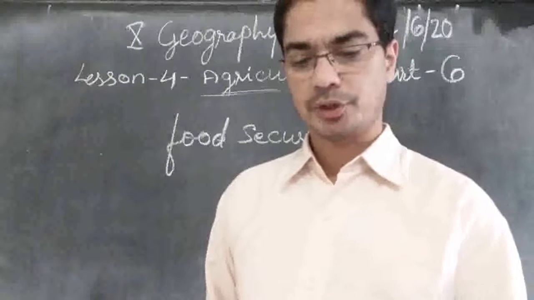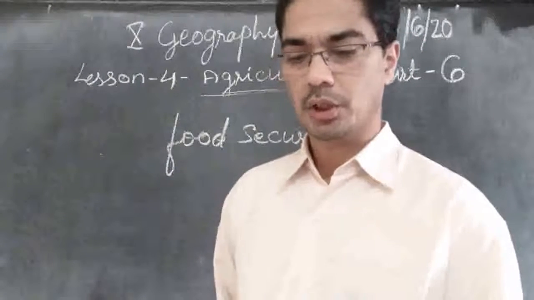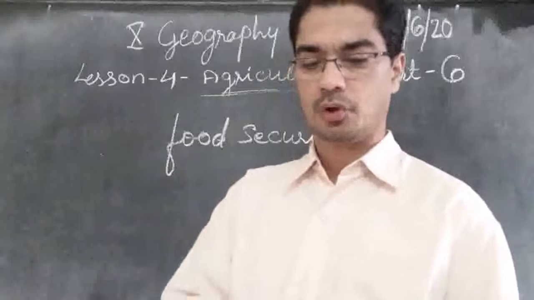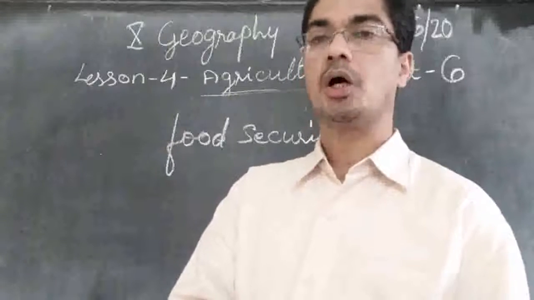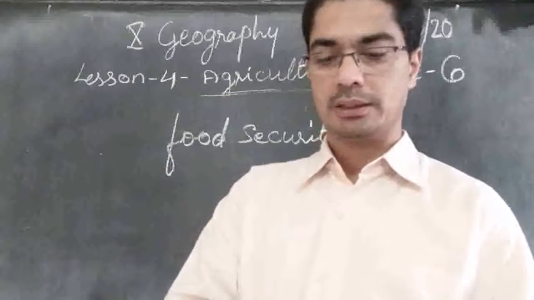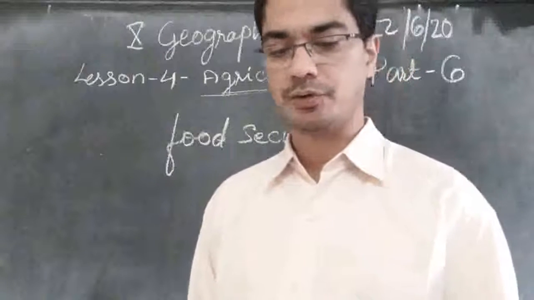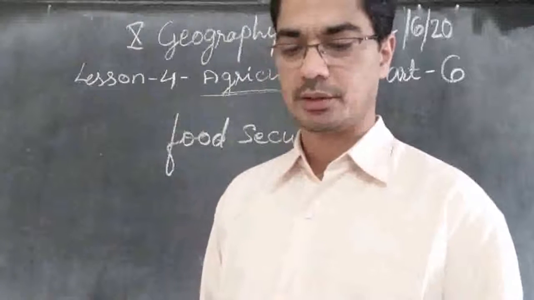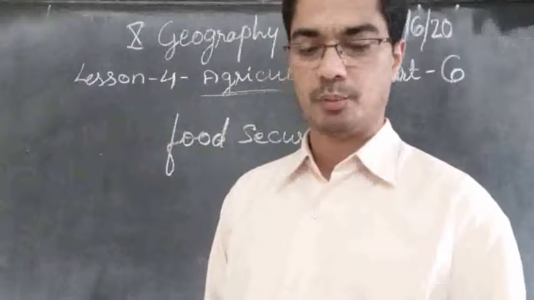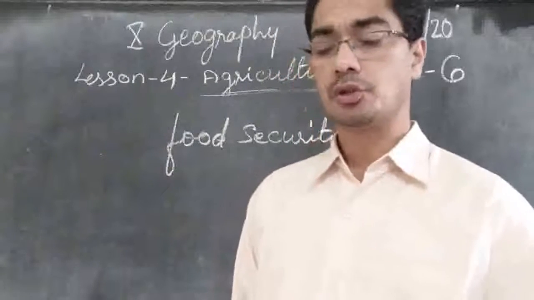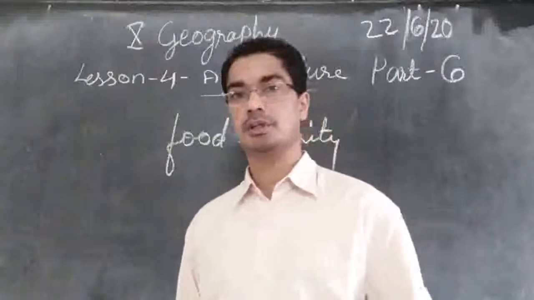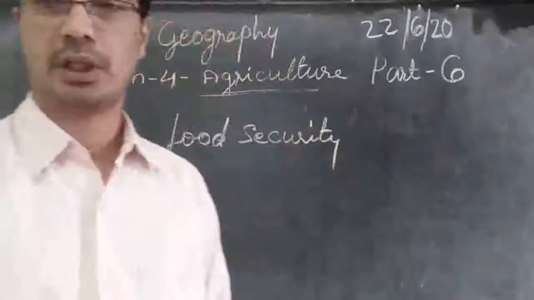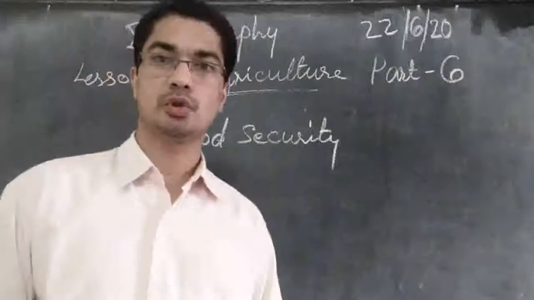And in order to ensure the availability of food to all sections of society, our government carefully designed the National Food Security System. It consists of two components, that is buffer stock and public distribution system. So in order to avoid this lack of food security, the government introduced two programs.